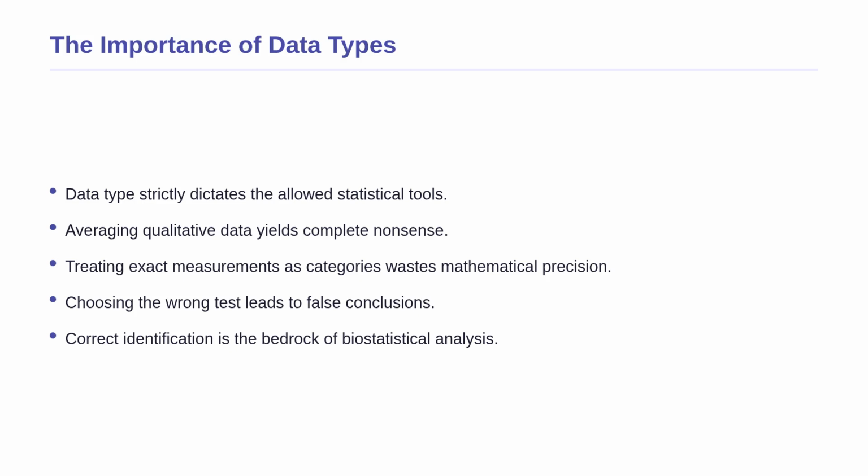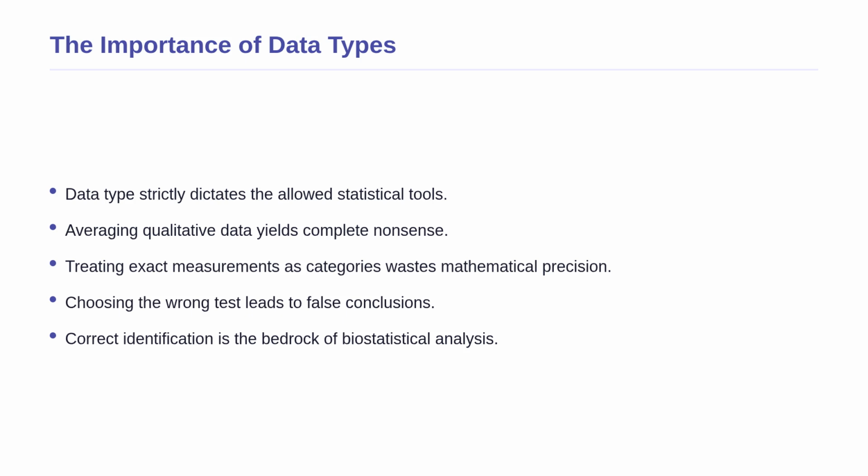You might be wondering why we need to obsess over classifying data into these specific categories before we even do any math. The reason is critical. The type of data you have strictly dictates the statistical tools you are allowed to use. If you try to average qualitative blood types, the result is nonsense.